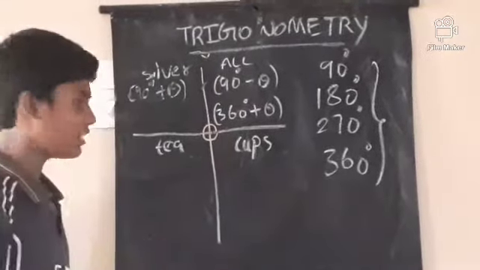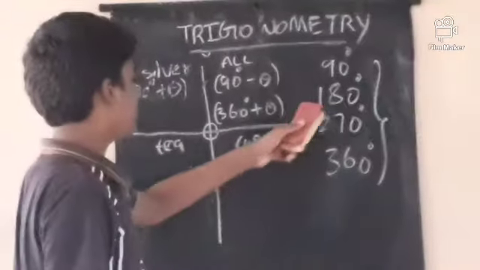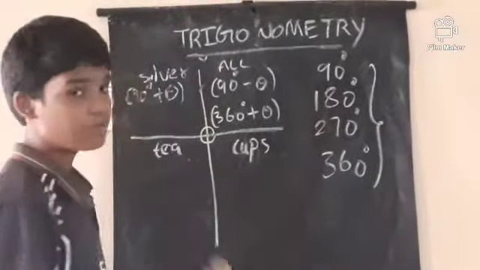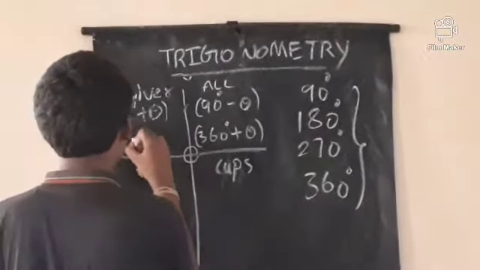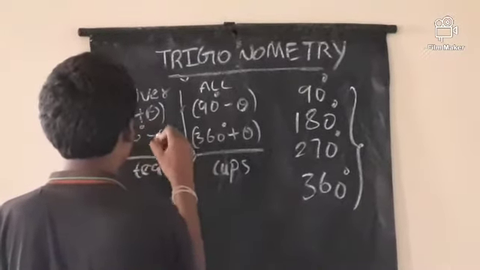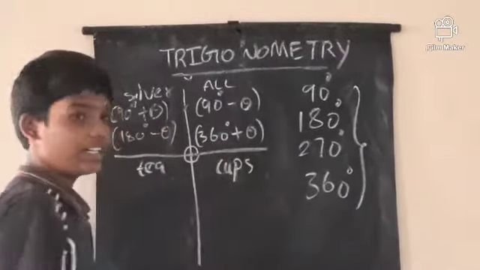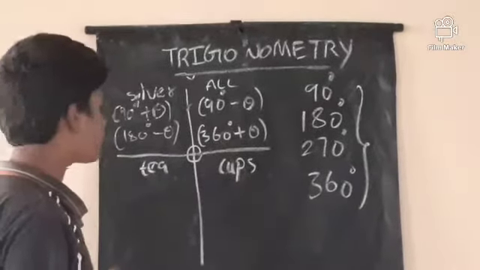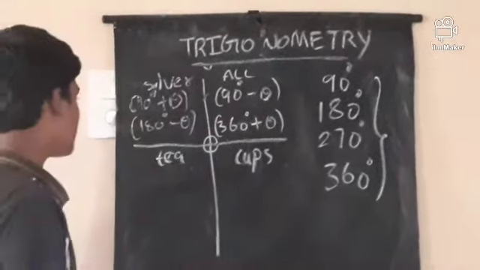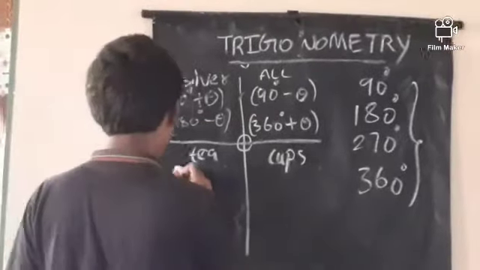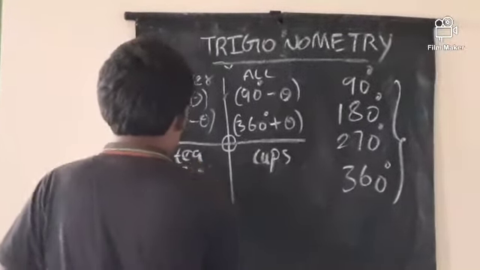And here 180 degrees minus theta. Again coming to the third quadrant, 180 degrees plus theta means more than 180 degrees.